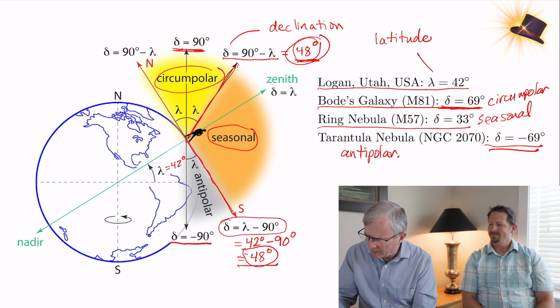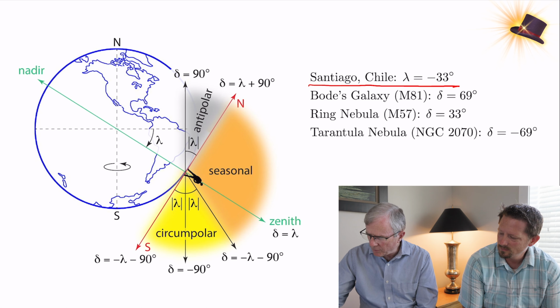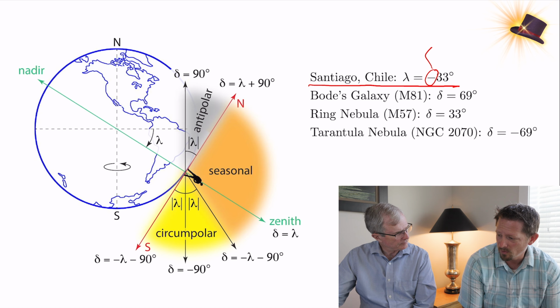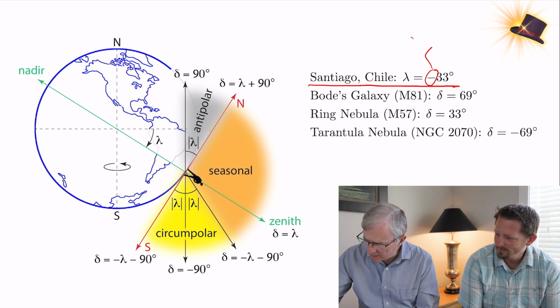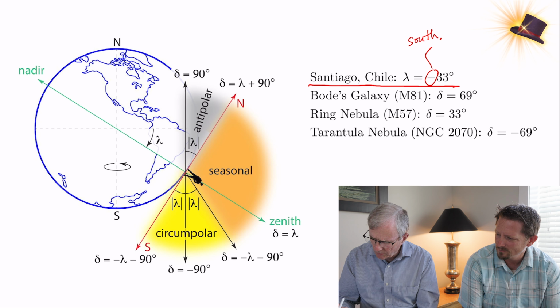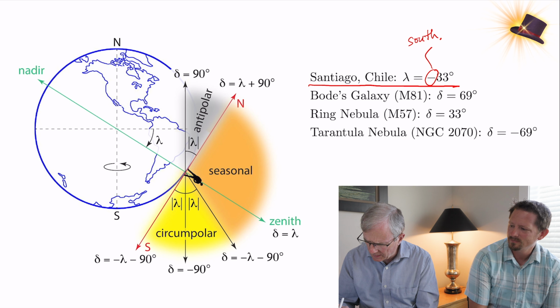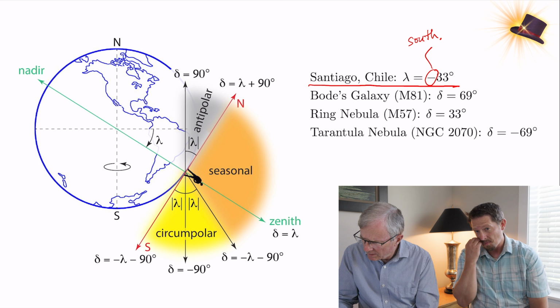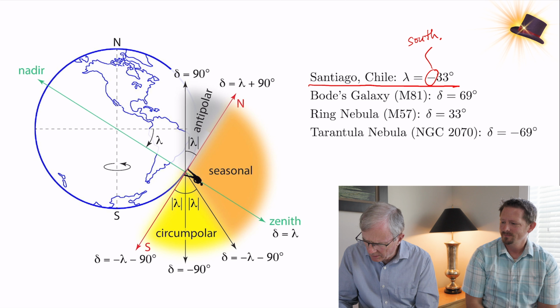Let's do one more example. Let's put the observer in Santiago, Chile, at a latitude of negative 33, and that negative sign means they're below the equator, in the south. Now we put this value in here.